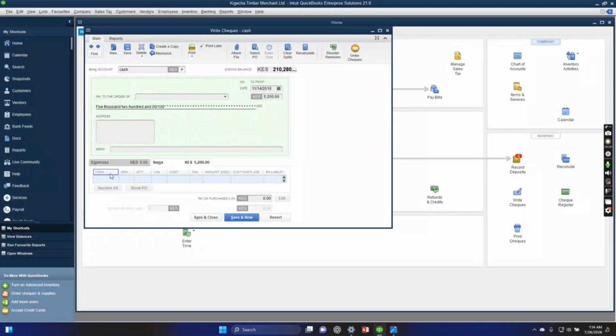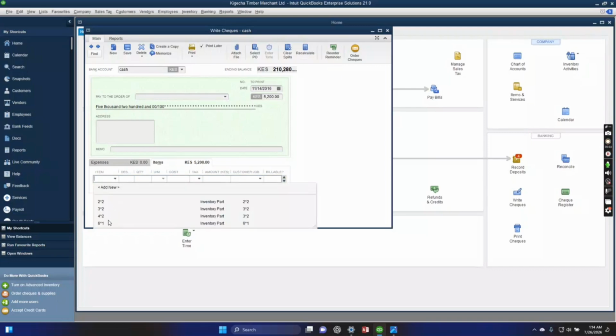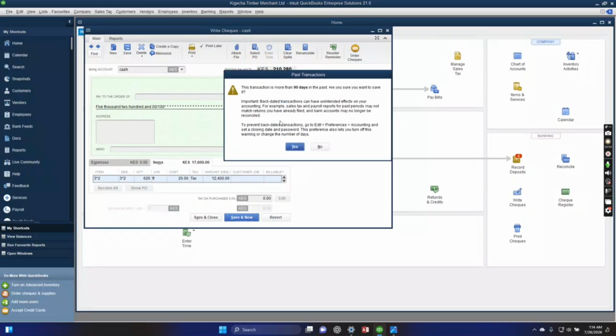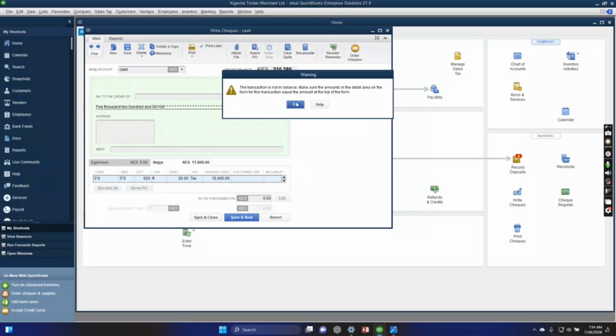So we add our other item that was 3x2. The quantity was 620, costing 20 shillings per foot. Yes, then we save and new now.